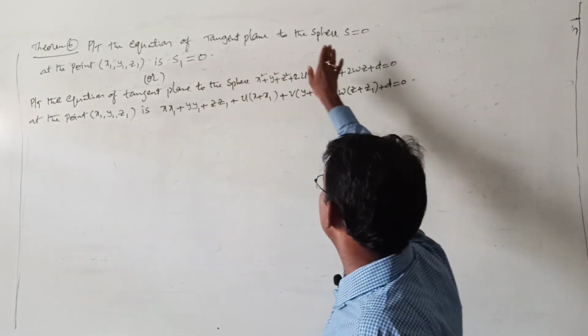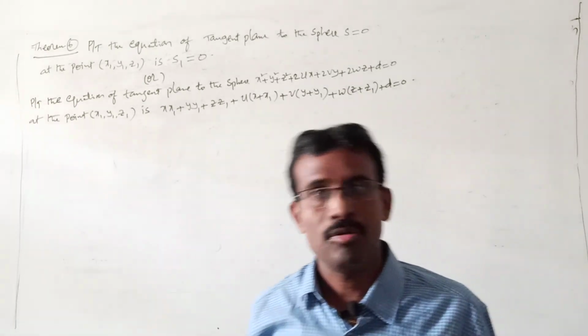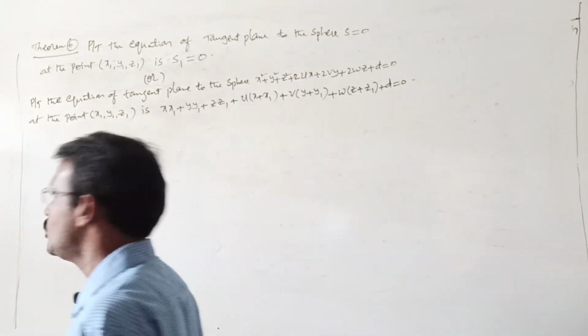The equation of the tangent plane to the sphere S equals 0 at the point (x1, y1, z1) is S1 equals 0. That we have to show theoretically.